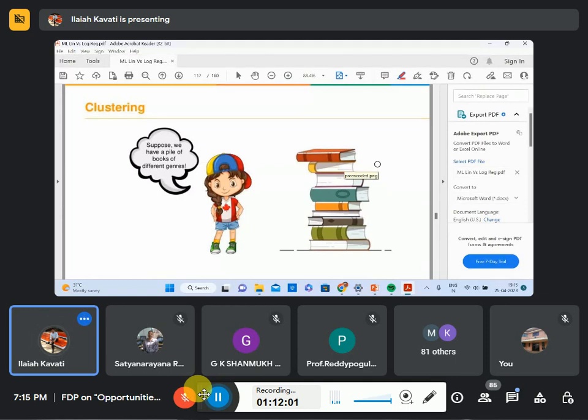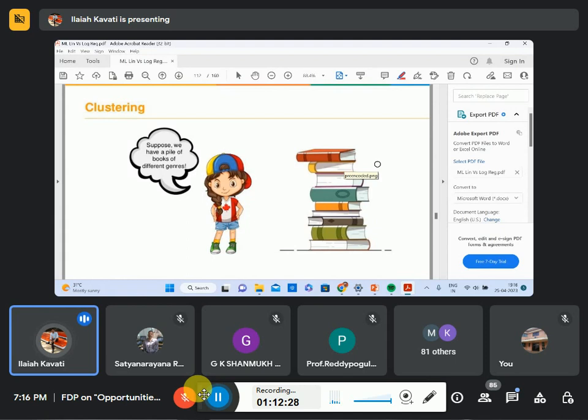So here I want to say one point. Assume a rack means a cluster here, and the books mean objects. So the objects in the same cluster are more similar. Means the books in the same rack are more similar. Take the CSE rack or the mechanical rack. All the books in CSE may be programming or OS related.